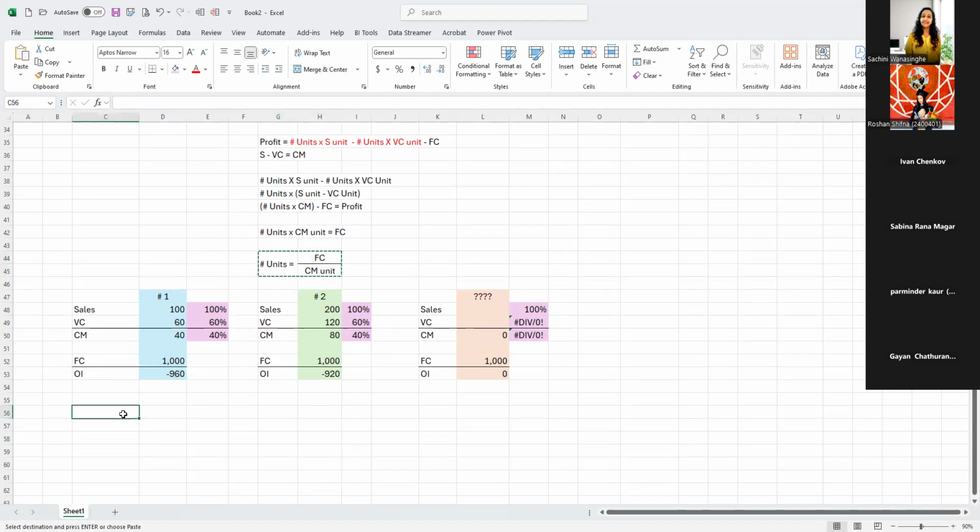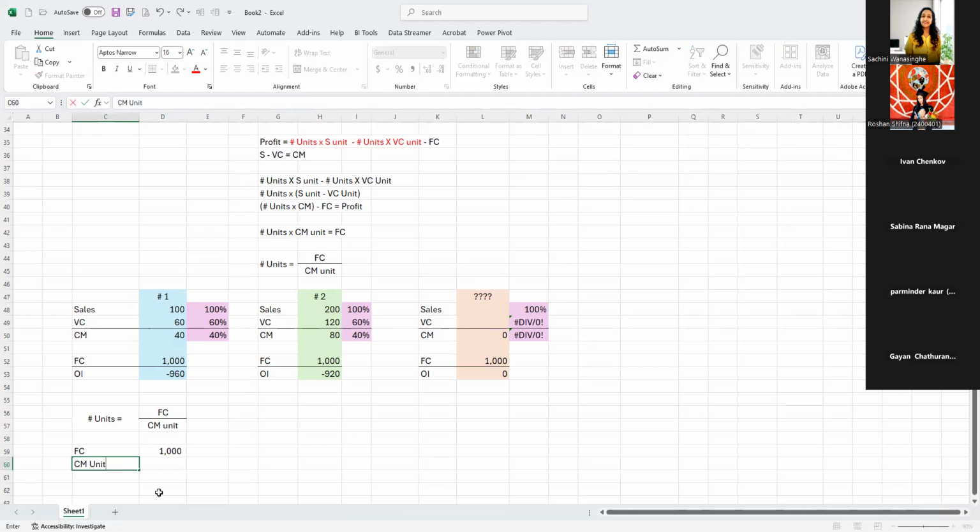So let's flip the formula here and let's start working. Do I know my fixed cost? Yes, fixed cost is $1,000. I already know my fixed cost. Do I know my contribution margin per unit? Yes.